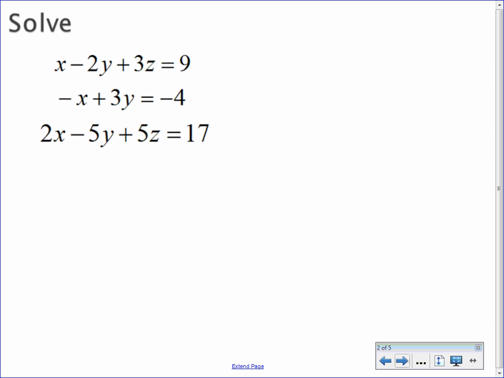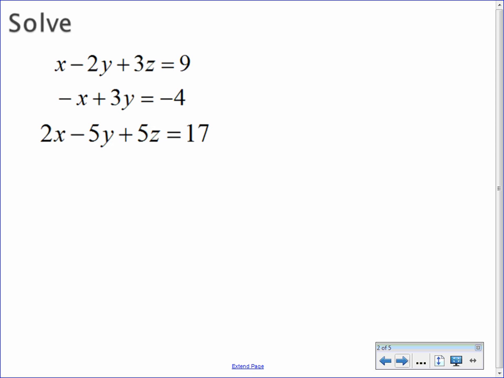But the strategy that I think is the most efficient is to use elimination either once or twice to get this system down to 2 equations with 2 variables. So what we want to do is eliminate one variable twice so that we have 2 equations, 2 unknowns, because we're really good at solving those, right?